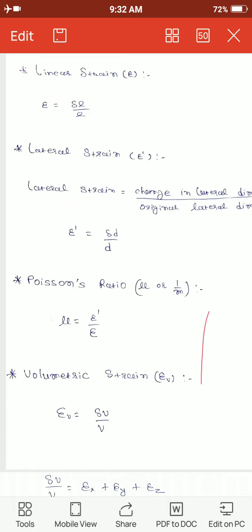It is denoted by mu or 1 upon m. In our previous lecture, we understood how the dimensions change in one direction only. If we want to analyze more than one dimension, what is the change in y direction or z direction, then we have to use Poisson's ratio.